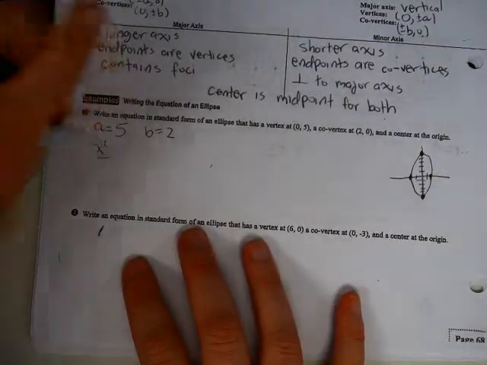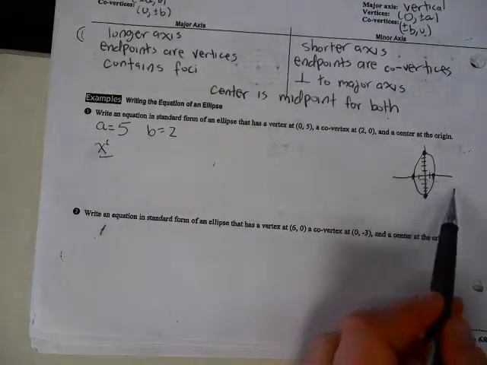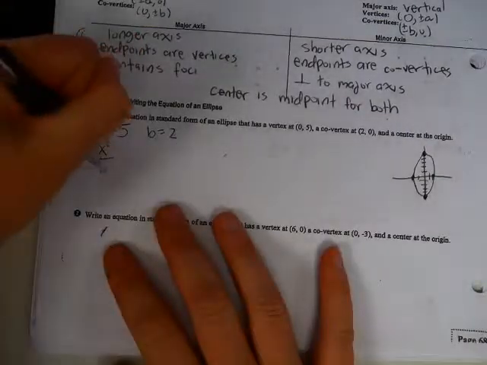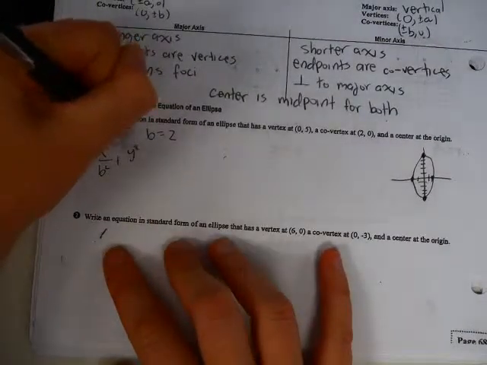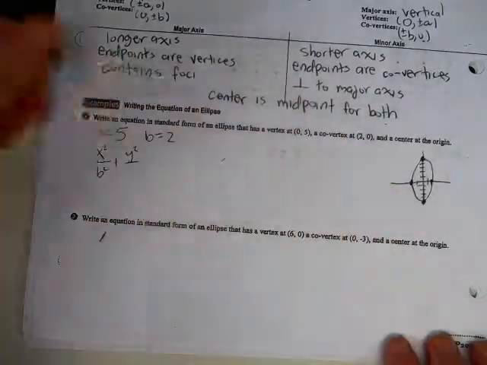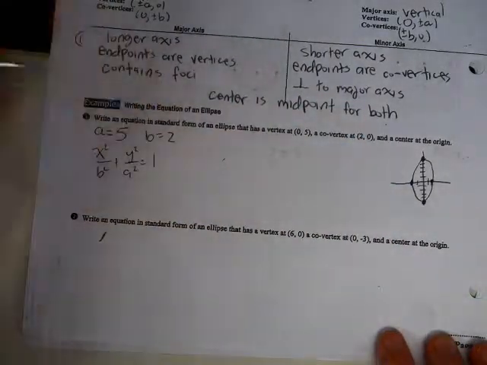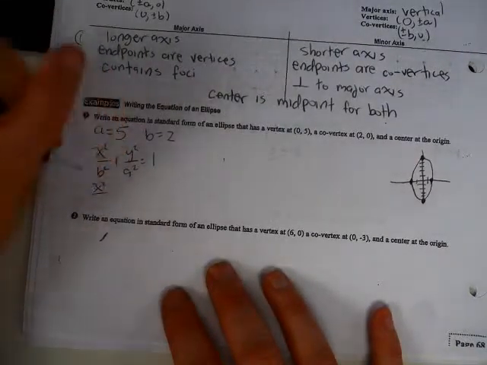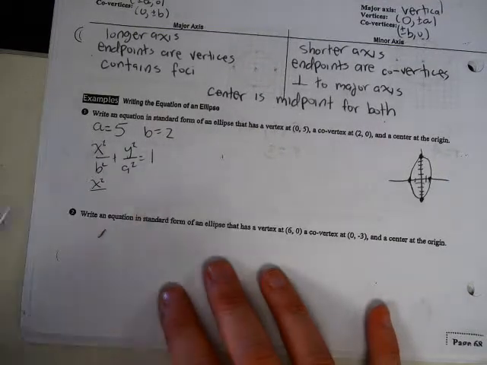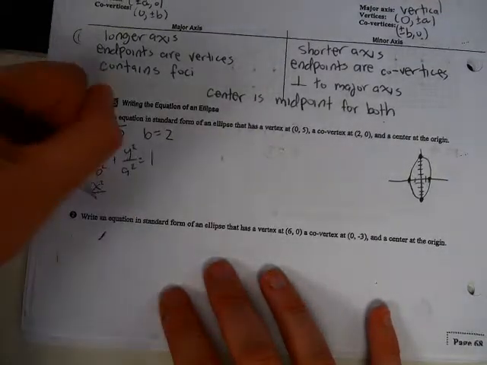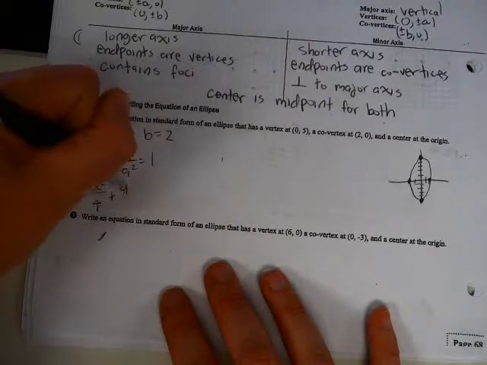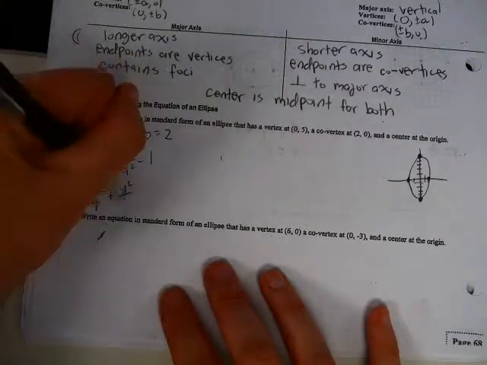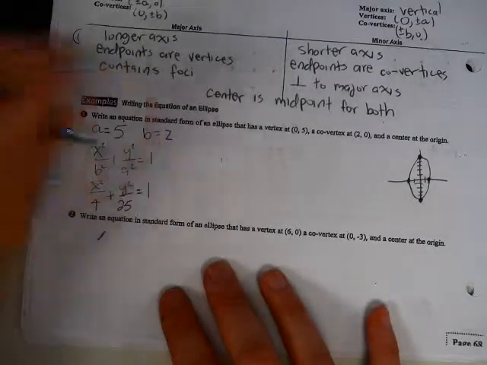X squared over B squared plus Y squared over A squared equals 1. So that's X squared over 2 squared, which is 4, plus Y squared over 5 squared, which is 25, equals 1.